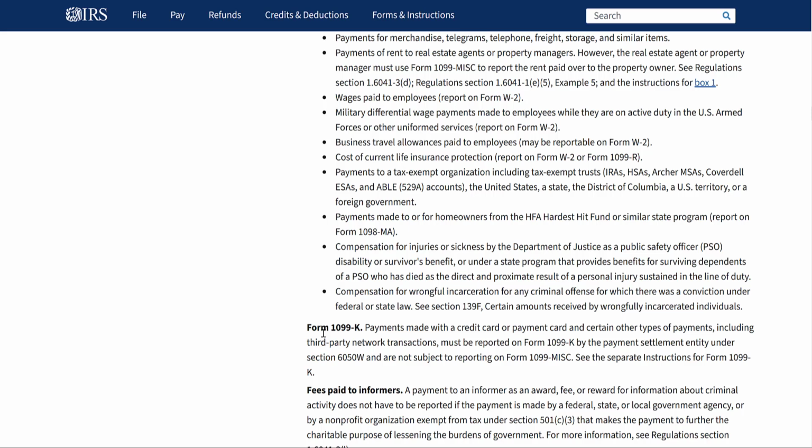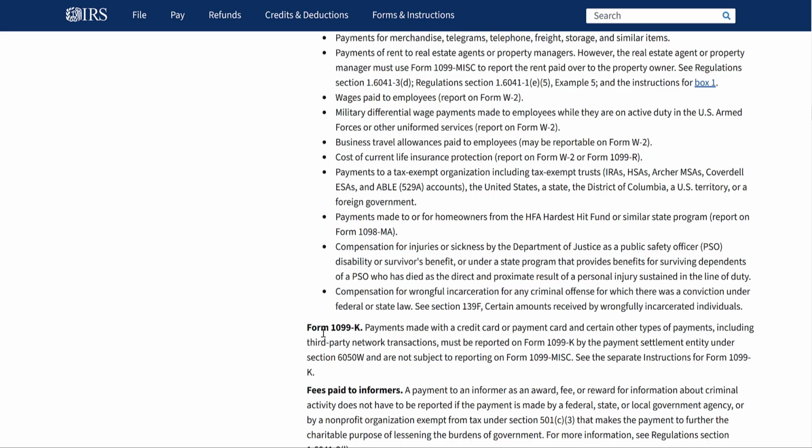1099-Ks are forms that are issued by payment processors to the recipient of those funds. Okay, for example, PayPal, if you pay somebody via PayPal goods and services, PayPal is then required to issue them a 1099-K if they reach a certain threshold.